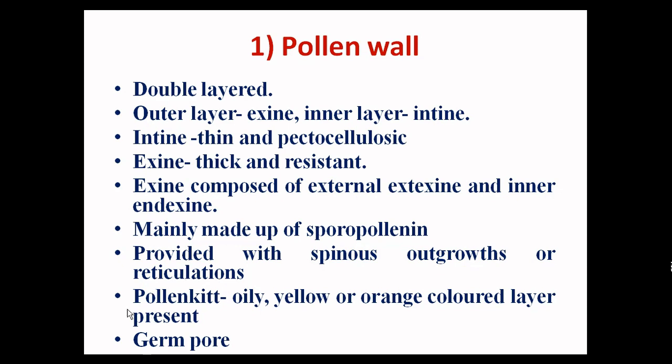Then the pollenkitt, which is an oily yellow or orange colored layer, is present on the exine and sticks the pollen grains together, and at one or a few positions the exine is thin walled, and those positions are called germ pores. From the germ pore the pollen tube emerges.